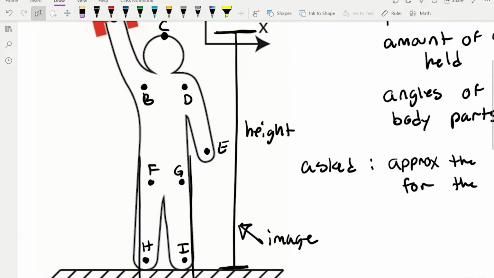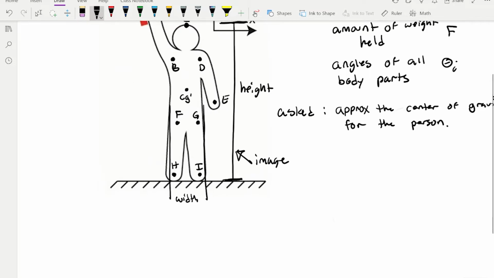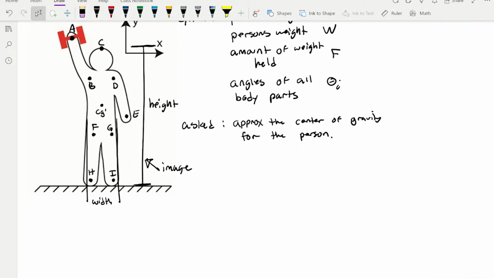And we're going to first start off, we're just going to say, hey, I think the CG is probably somewhere in the middle of this person. Let's call this CG prime. It's our guess for where the CG probably is. And we're going to use our analysis here just to find out, how off are we? Is the CG actually here?